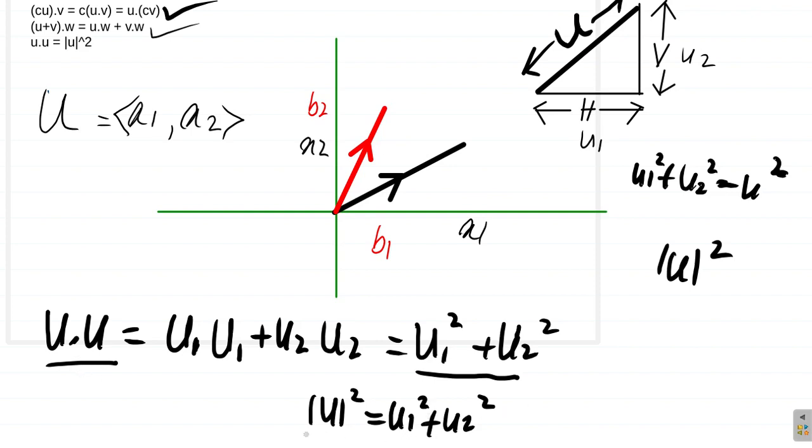So u1 squared plus u2 squared is also equal to the magnitude of the vector u squared. Therefore, the magnitude of u squared is equal to u dot u, which shows this statement here.